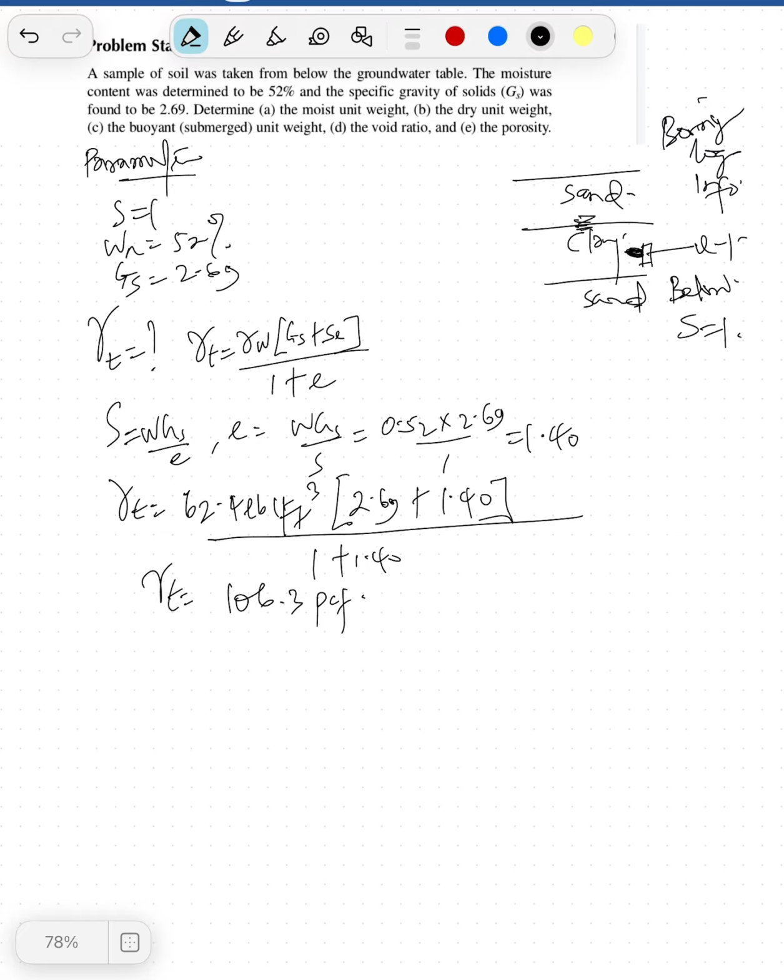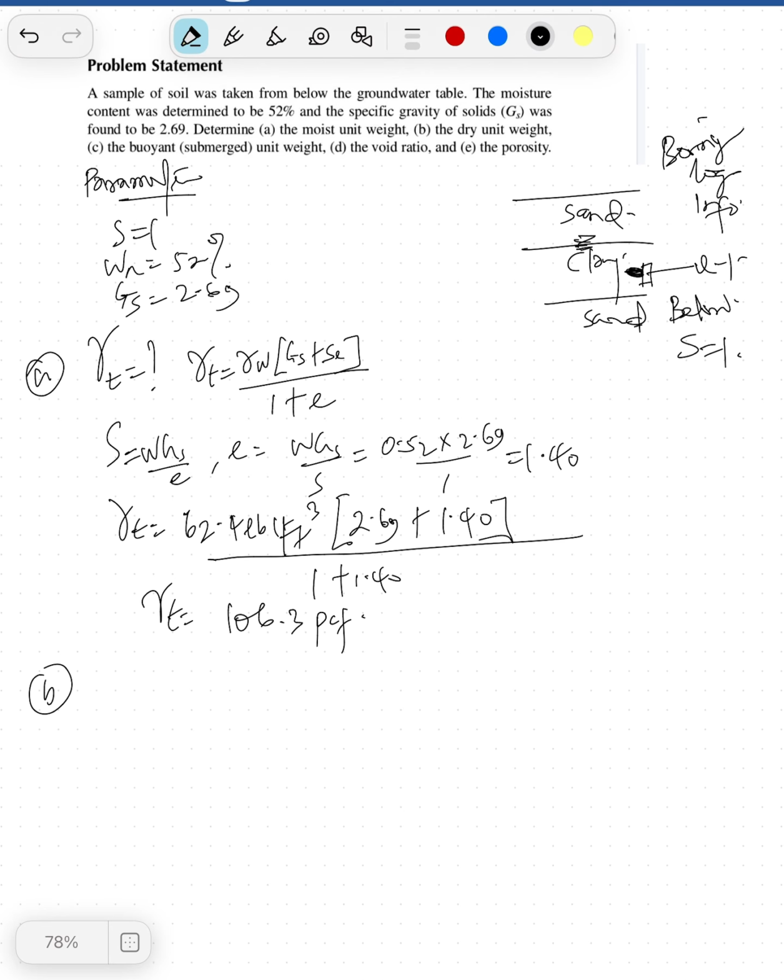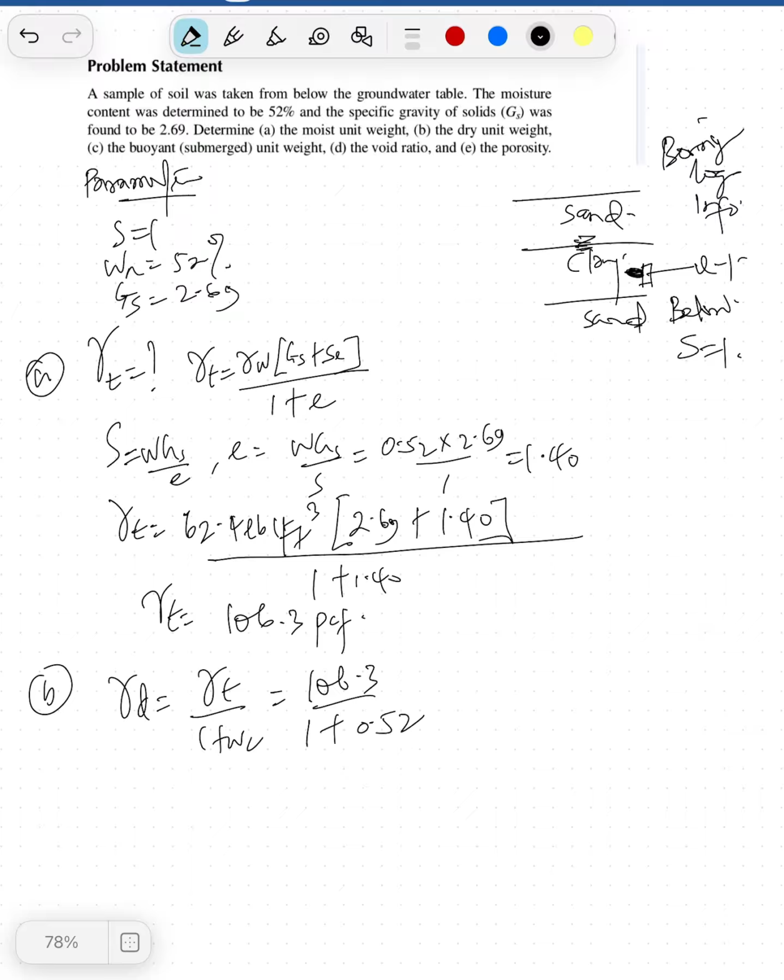That's the first one, moist unit weight or total unit weight. The second one is the dry unit weight. We already know that dry unit weight equals total unit weight over 1 plus water content. 106.3 over 1 plus 0.52, so 106.3 divided by 1.52 equals 70 pounds per cubic foot.